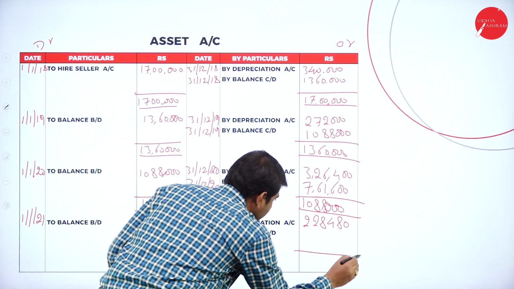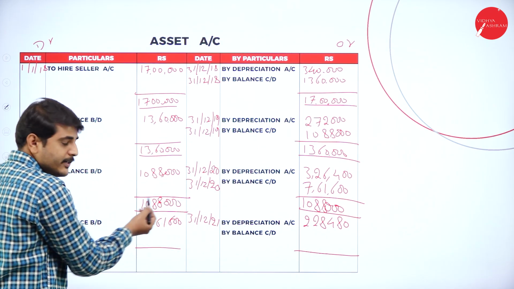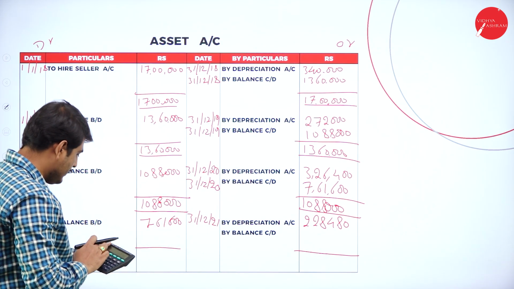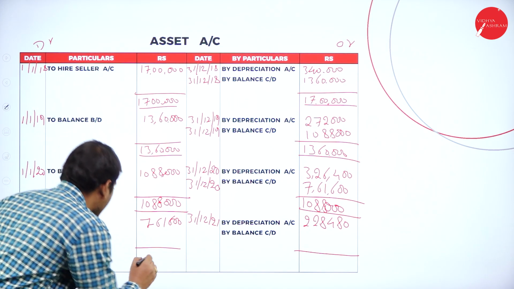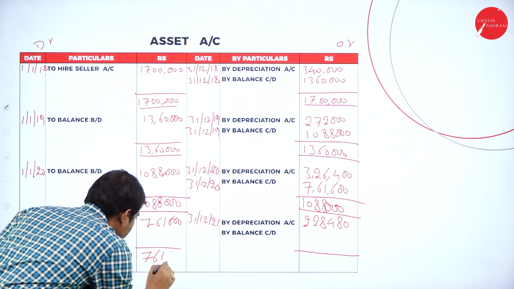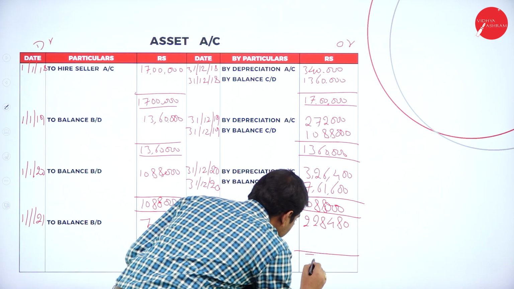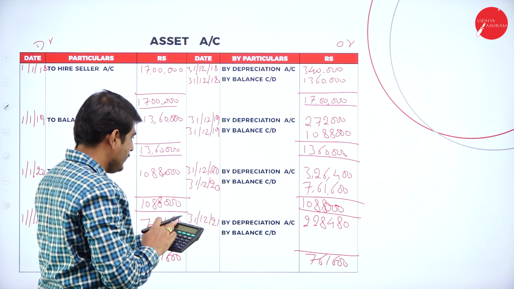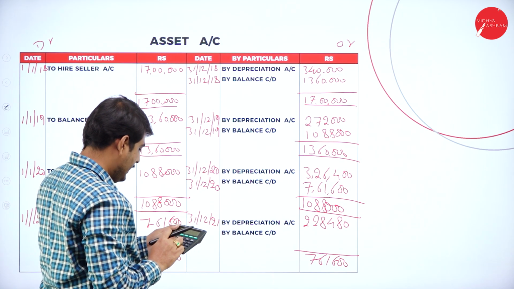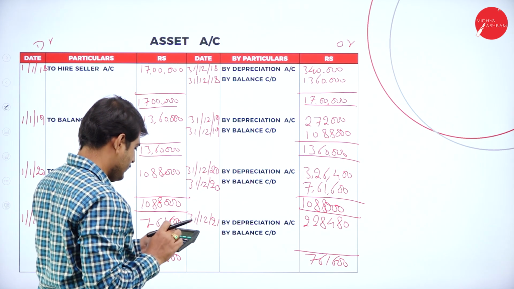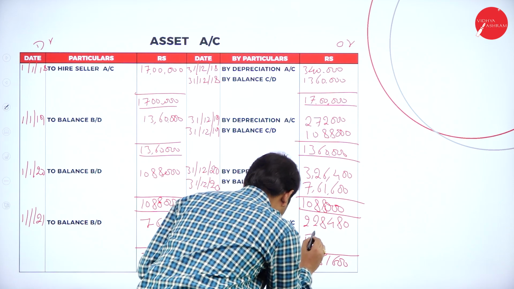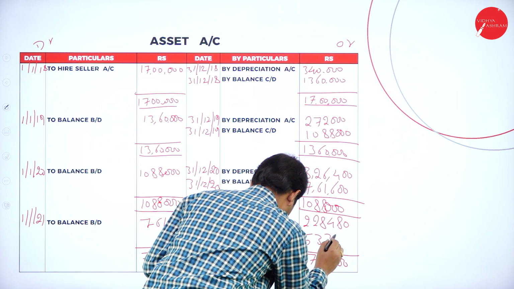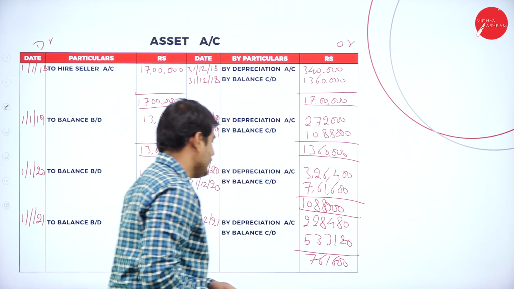Total, add both the sides, whichever is higher. So 7,61,600 is the higher amount. So write 7,61,600 on both sides. Then deduct the 2,28,480, so you'll get 5,33,120 as the balance.